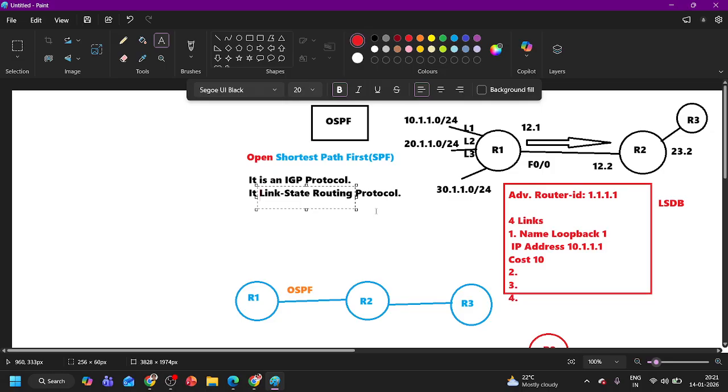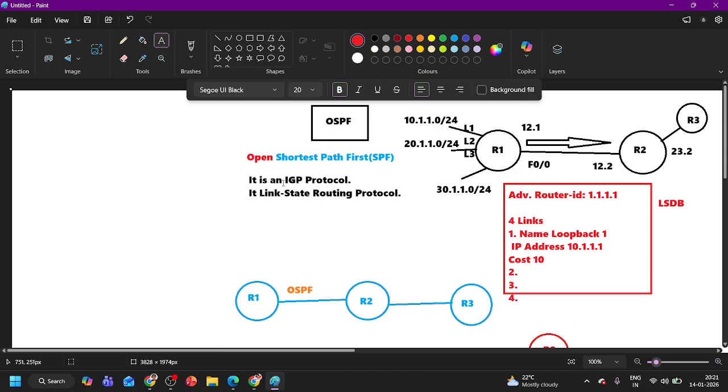Between areas, OSPF is a distance vector routing protocol. Between areas, OSPF is not going to exchange the complete database, right? Why we do that? You will understand that also: how to avoid a large database, how to summarize the OSPF database size in my network through the area concept. Later we will discuss that.